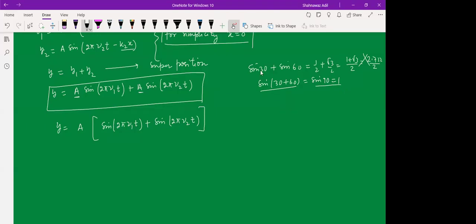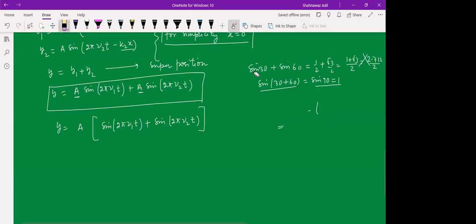Yes, sir. This is not multiplication. This is a function, like f of x plus y, because f is a function. You cannot take it common.